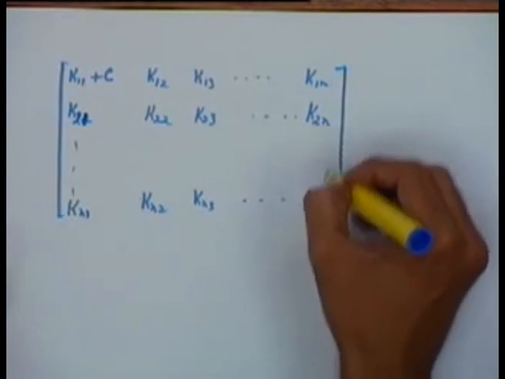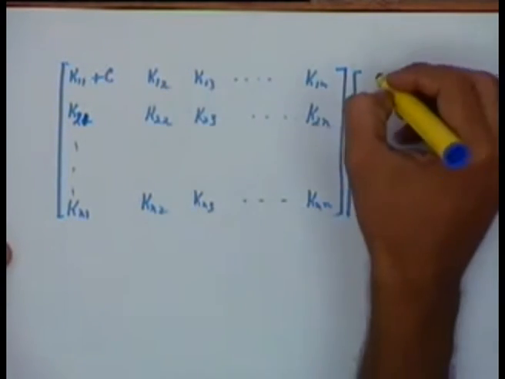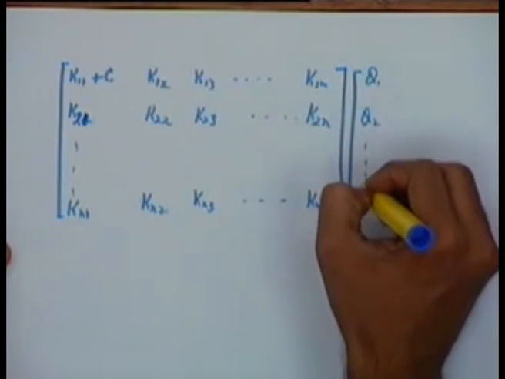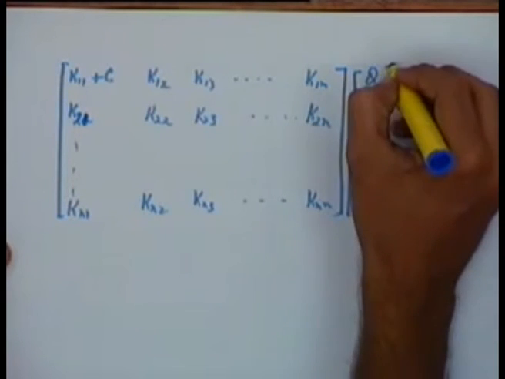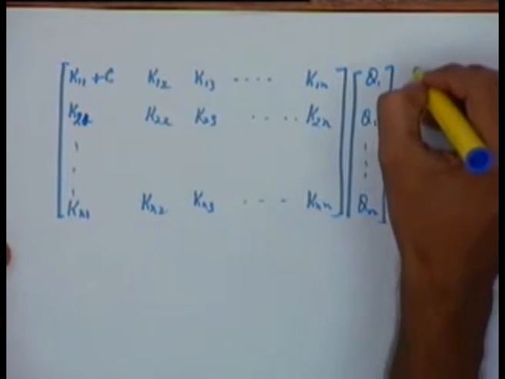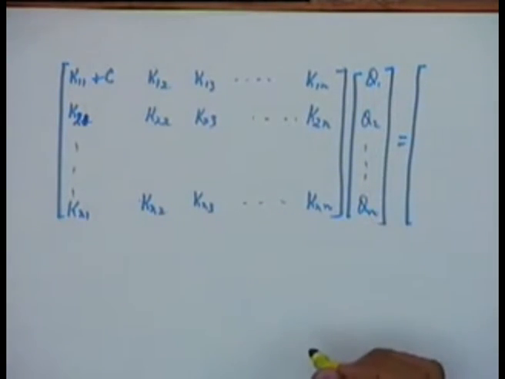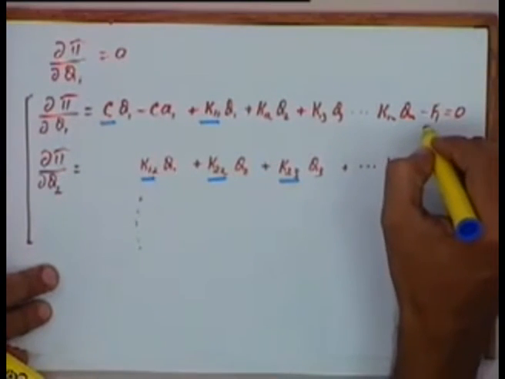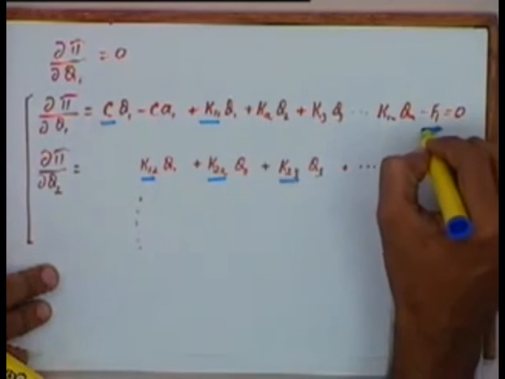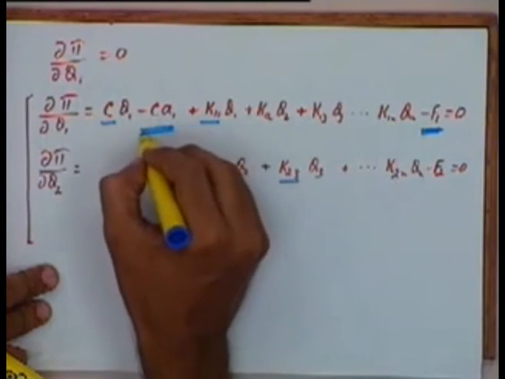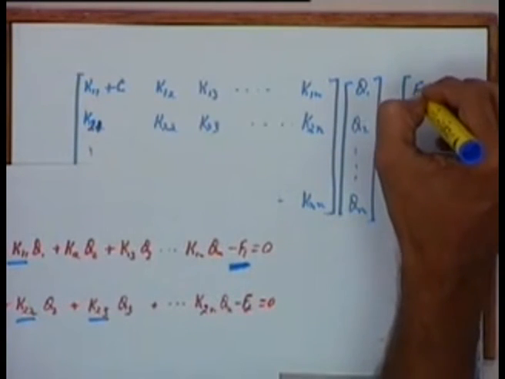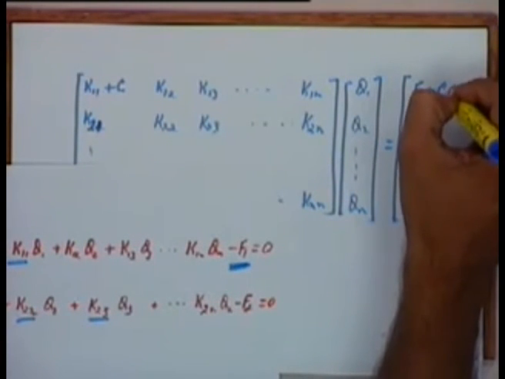And this is multiplied by q1, q2 up to qn, and this will be equal to the first term here, f1 and c times a1. So the first term here will become f1 plus c times a1.